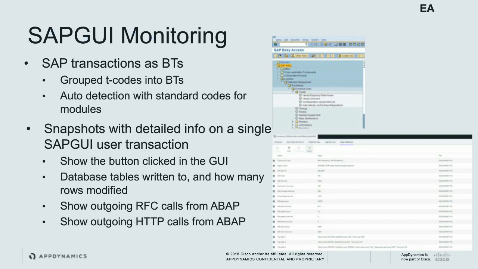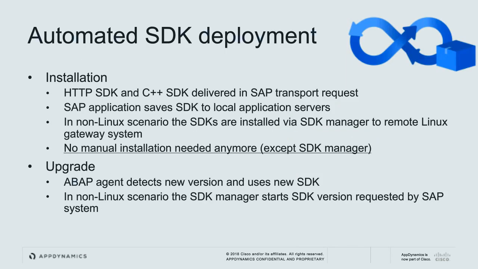The other thing is part of the AppDynamics for SAP technology uses a native agent to communicate back to AppDynamics. On Linux systems, we install this on the operating system. It actually gets installed via the transport, and it's completely automated.